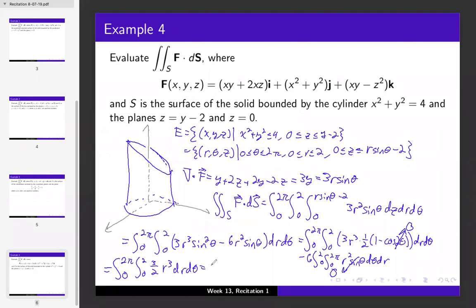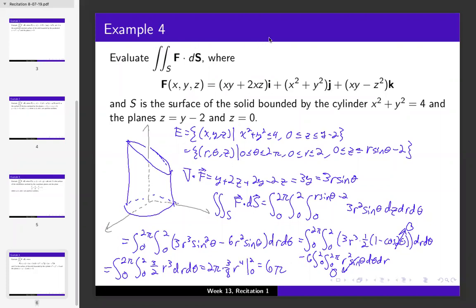So this whole thing is now going to become 2 pi times 3/8 r to the 4th from 0 to 2. 2 to the 4th is 16. 2 times 16 is 32, divided by 8, so it's 4.